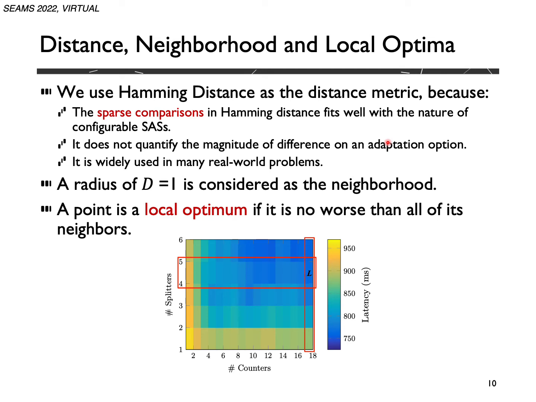As long as two plans differ on one adaptation option, their Hamming distance will always be 1. And finally, it is widely used in many real-world problems. Here we set that a distance of 1 is considered a neighbor, and subsequently we can define a local optimum as a point that is no worse than all of its neighbors.